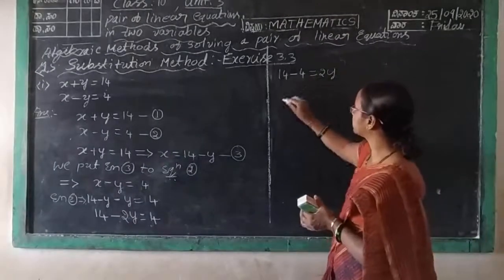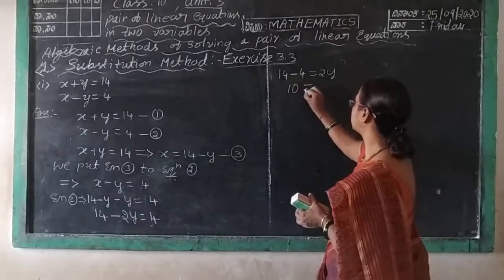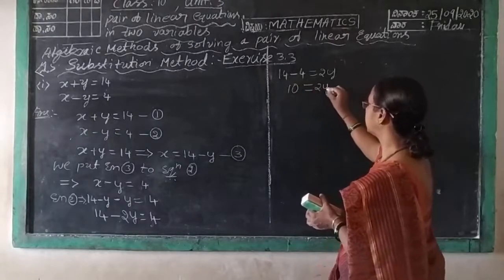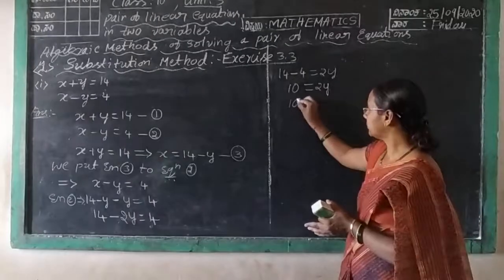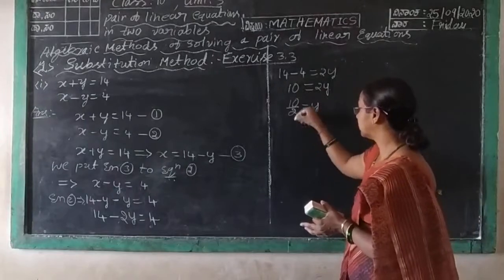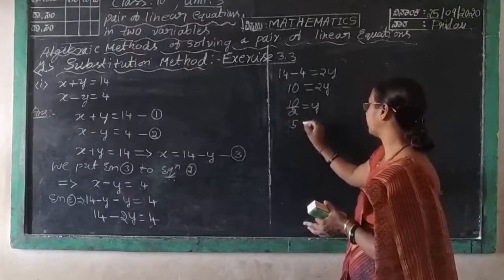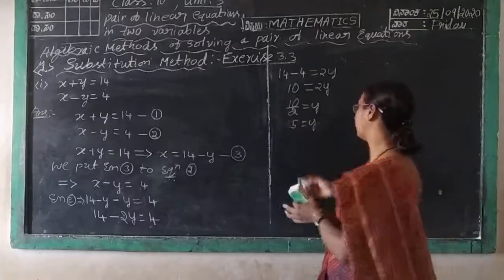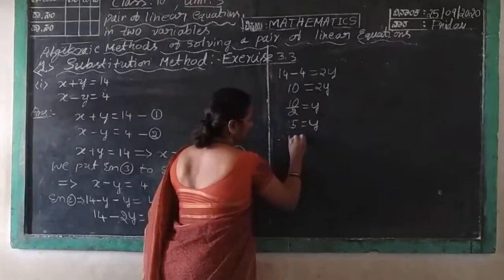Then subtract: 14 minus 4 is 10, that is equal to 2y. And moving the 2 to the LHS, 10 by 2 is equal to y. Therefore, dividing this, the y value is 5.